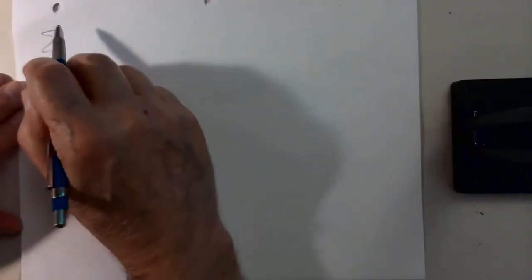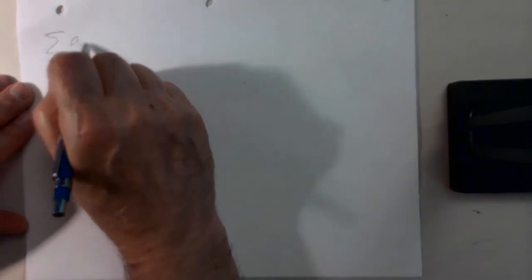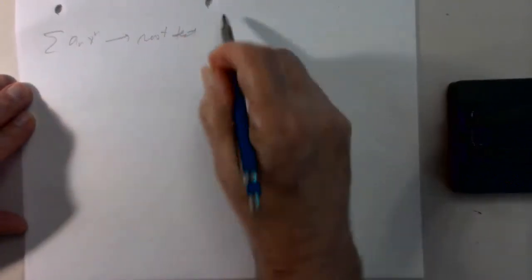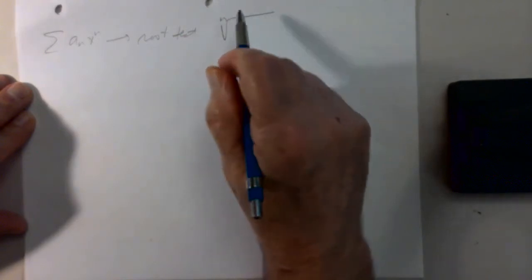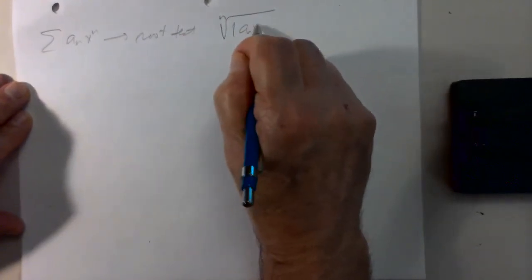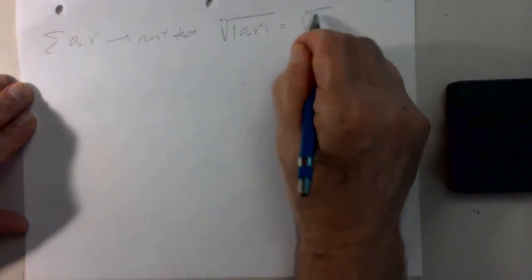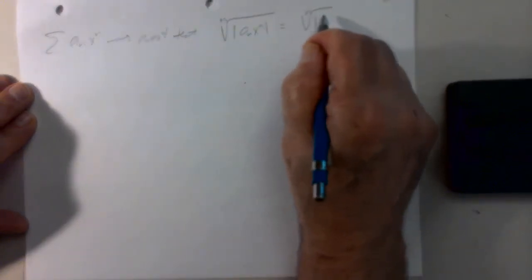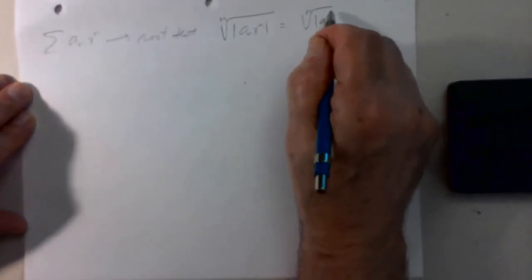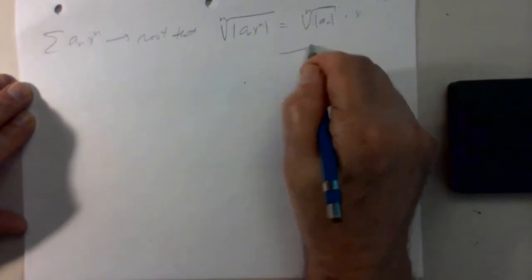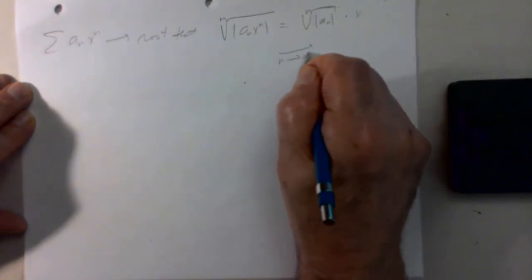If we take this series summation a sub n x to the n and apply the root test, we're looking at the nth root of the absolute value of a sub n x to the n, which is the nth root of the absolute value of a sub n, times the absolute value of x. And again, we ask about the limit of this as n goes to infinity.